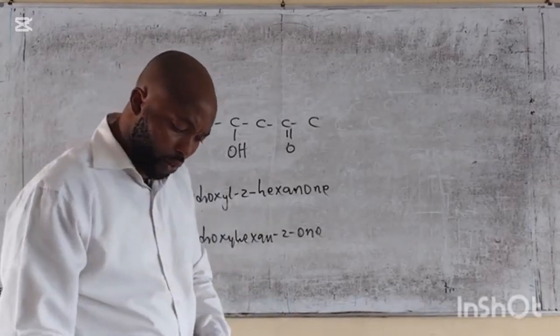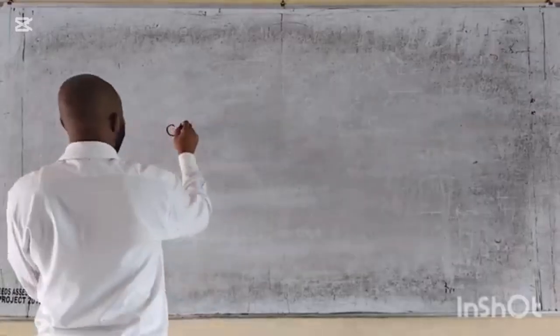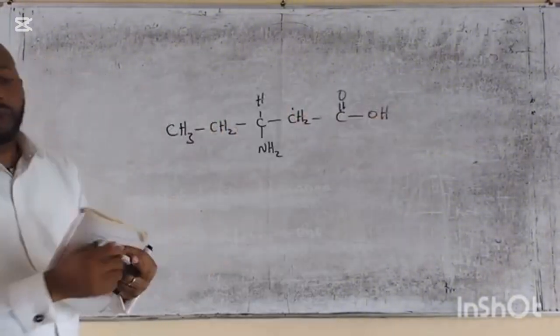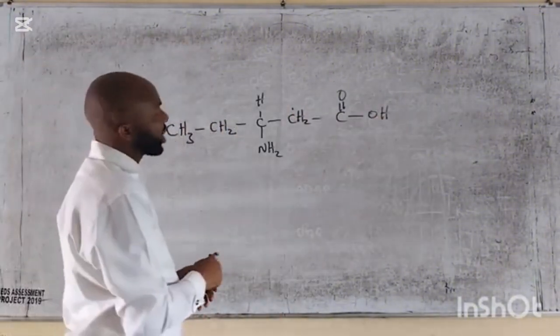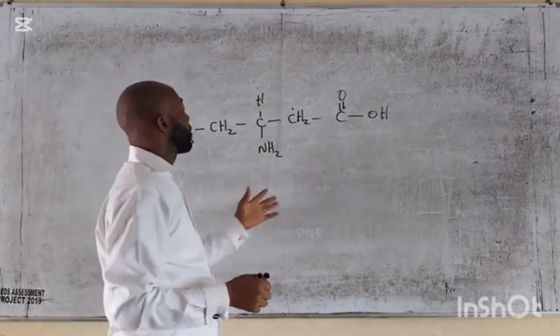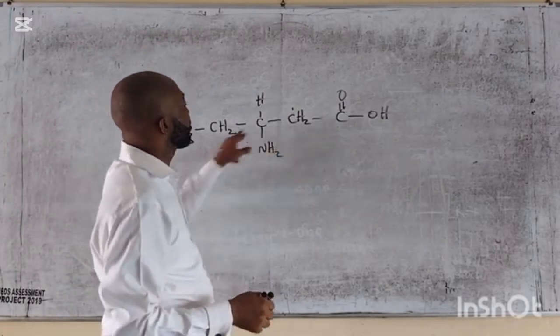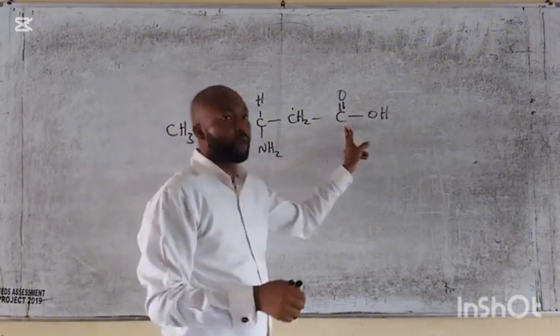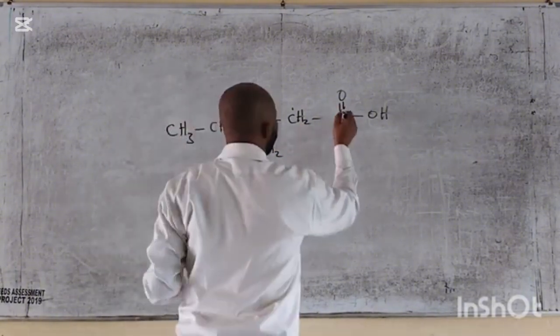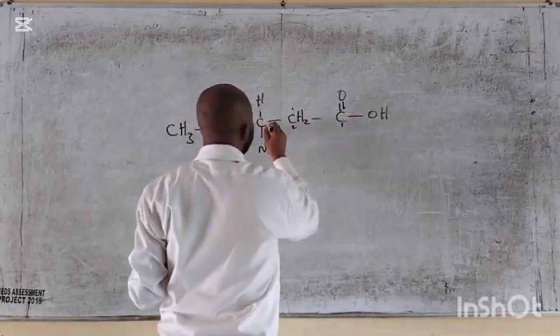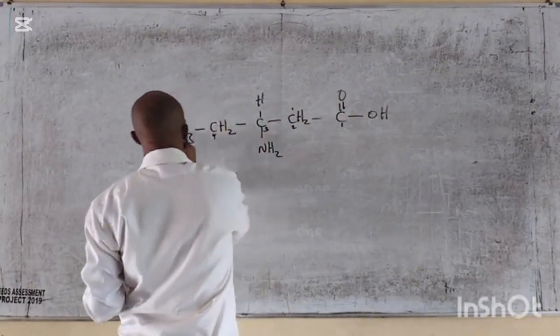Let's take one more. Okay, let's call this the last one for today. So this, we have an amino group. This is a carboxylic group, so this takes precedence over this. So let's start from here. Call it 1, 2, 3, 4, 5.